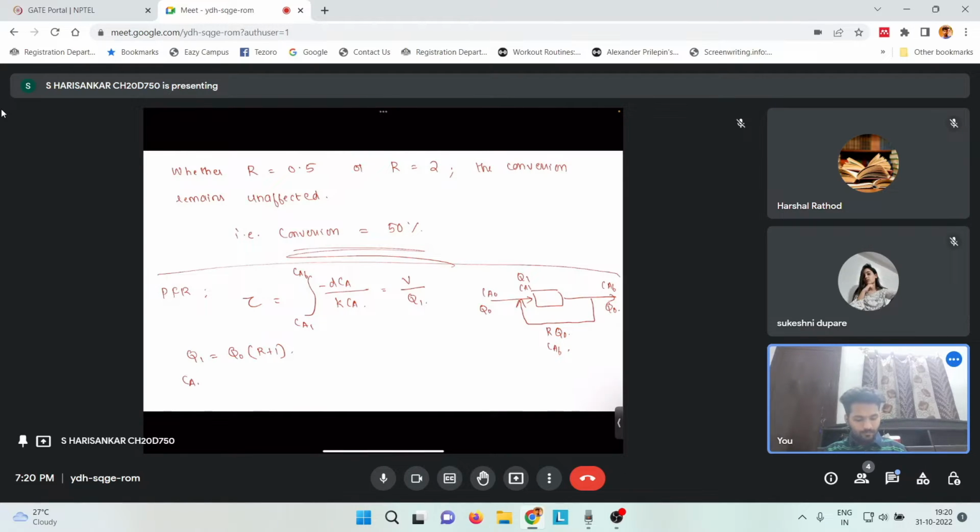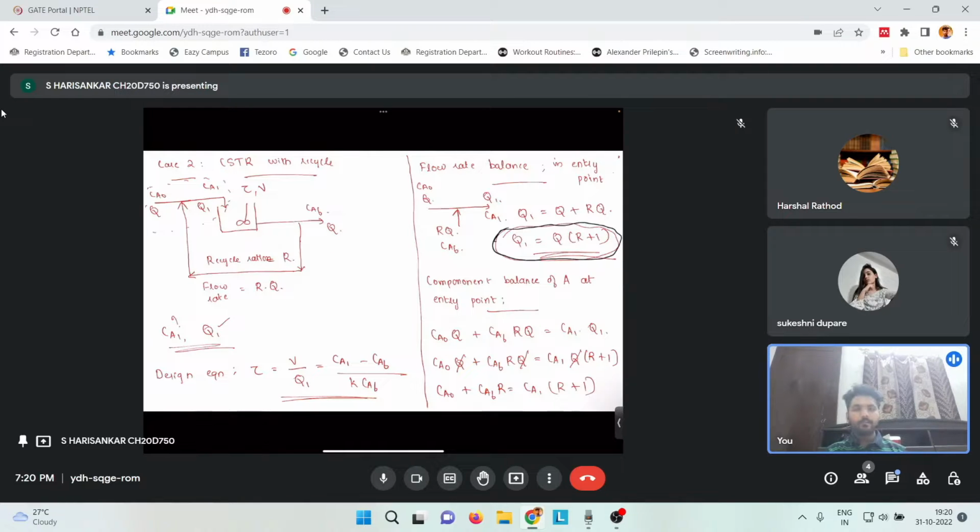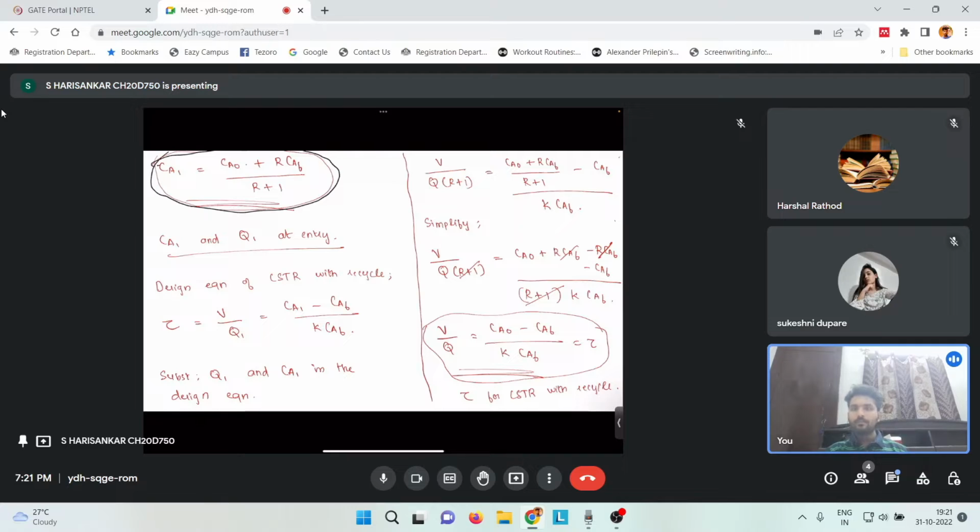And CA1 will be just like this. If we take the component balance at the entry, like what we did here for our CSTR with recycle, we just took the component balance at the entry point like this. We can do the same thing there also, and we'll get the same equation. This CA1 is equal to CA0 plus RCAF by R plus 1.